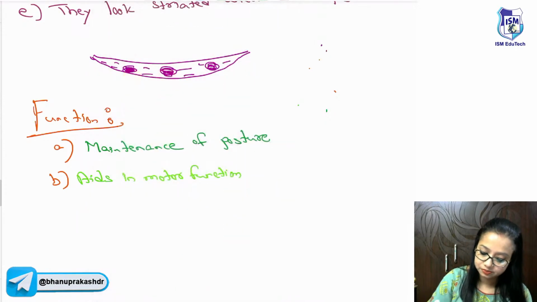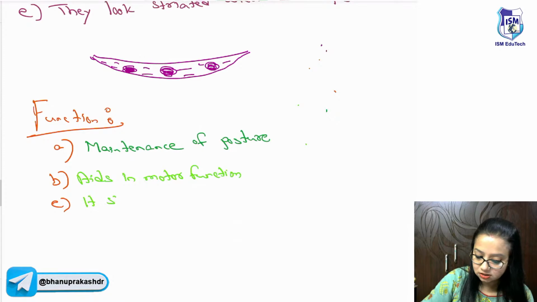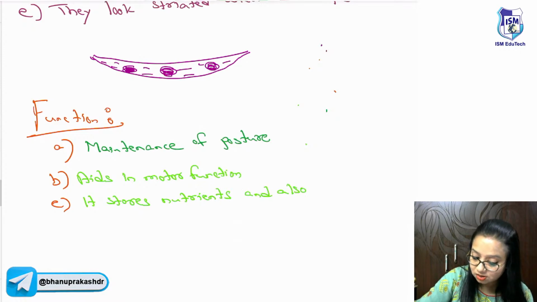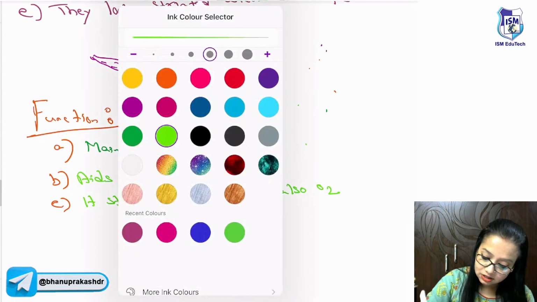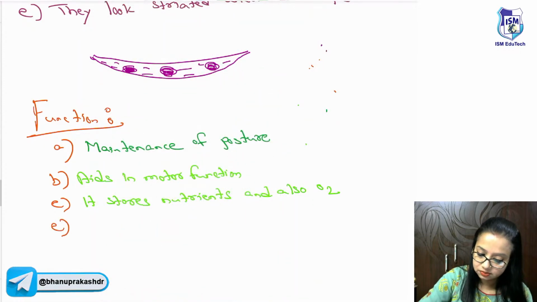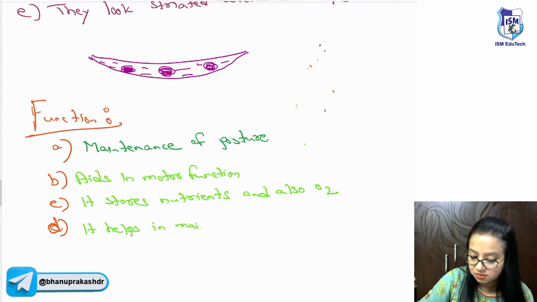Apart from that, it stores nutrients and also oxygen. We know that because of the myoglobin, it stores nutrients and oxygen. Then it helps in maintaining body temperature.